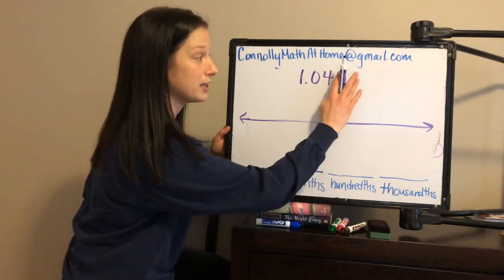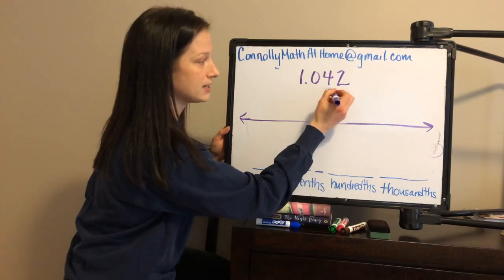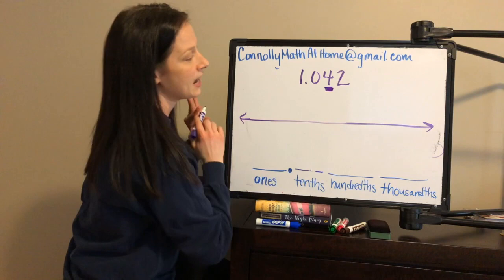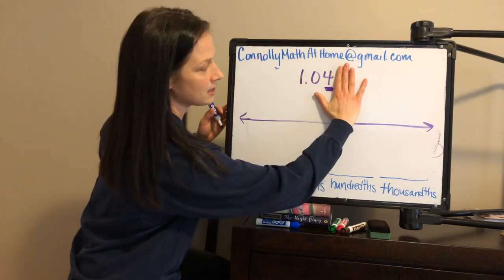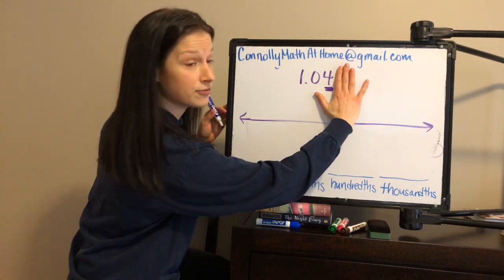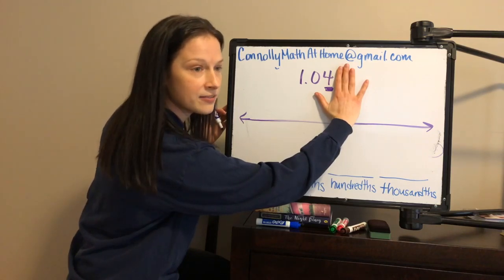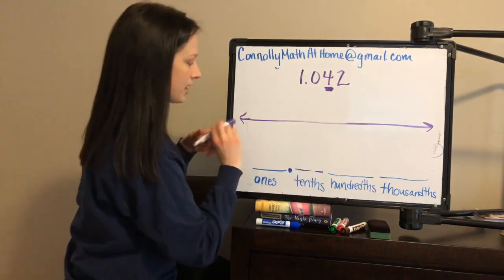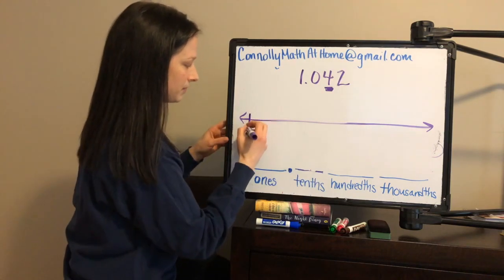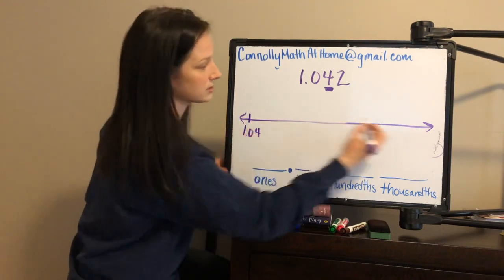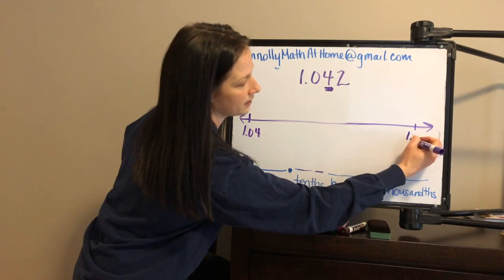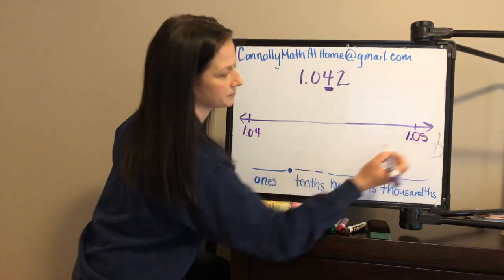So I'm going to think about the hundredths place, identify what digit is in the hundredths place, and I'm going to say that this number is somewhere between 1 and 4 hundredths. And what would the next hundredth be? 1 and 5 hundredths. Okay, so I have those to choose from. 1 and 4 hundredths, 1 and 5 hundredths.